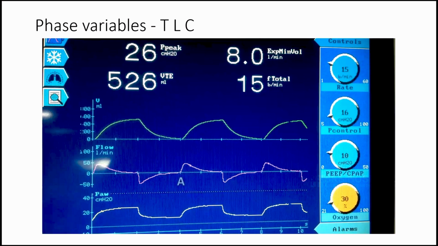Just to recap, this is a typical flow, volume, and pressure graph. Point A is the beginning of inspiration, and that is the trigger, B is the limit, and C is the cycling, where the inspiration cycles to exhalation.